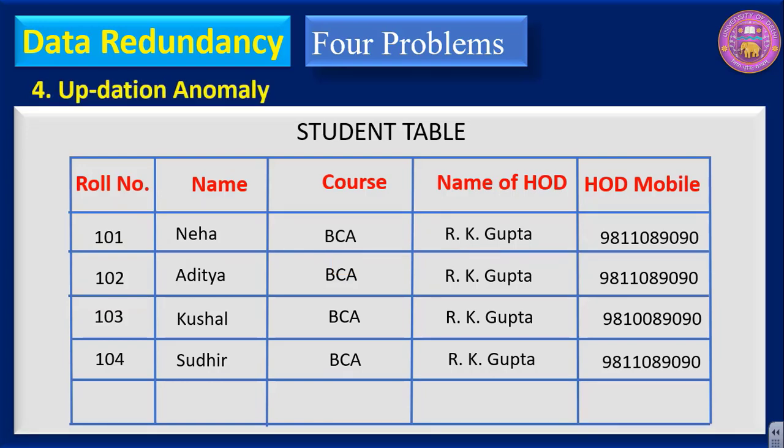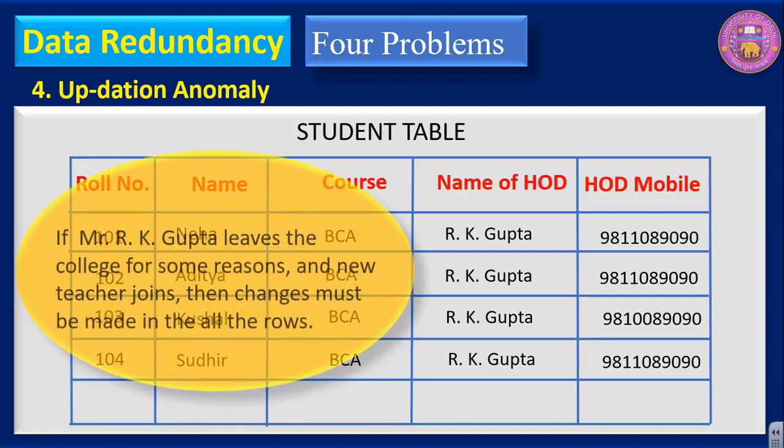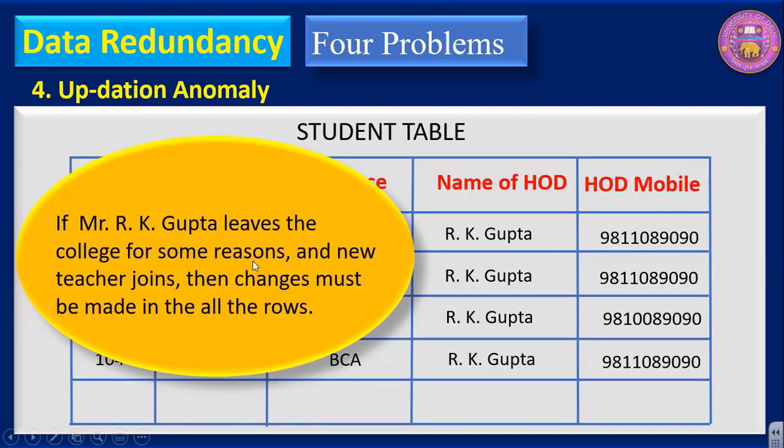The next is updation anomaly. We will continue with the same table and see what is updation anomaly. If Mr. R.K. Gupta leaves the college for some reasons and a new teacher joins, then changes must be made in all the rows. We will make changes in the name and in HOD mobile in all the rows.